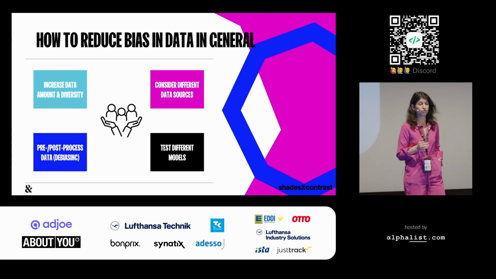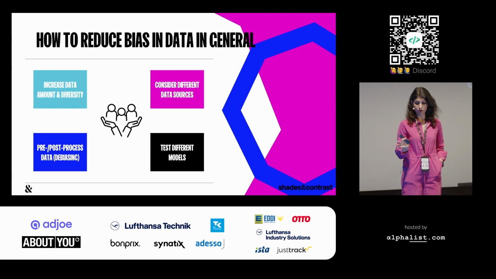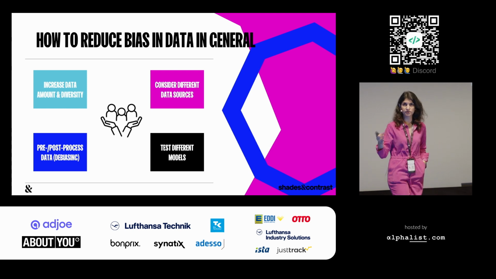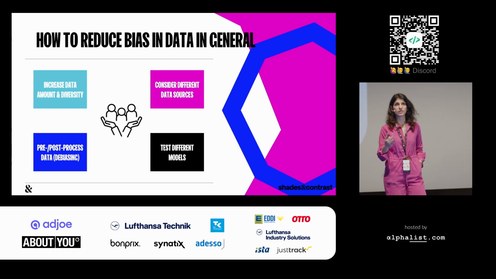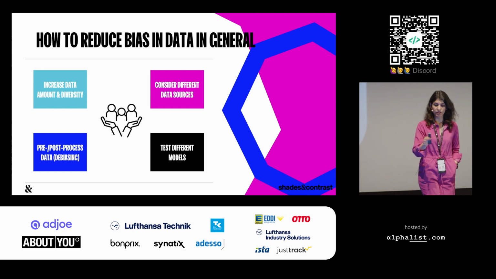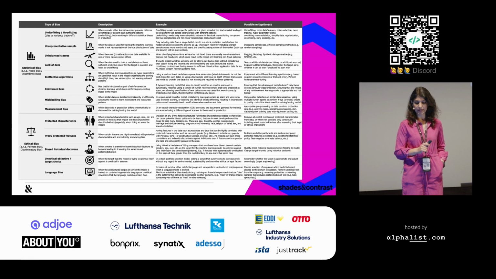And in the end, what you should always do, because it's very important, is see what the result of different models is. So you should train and test and see, okay, what results and success factors are given by that model when I have different models in place with the same data. That's how you can reduce bias in data.